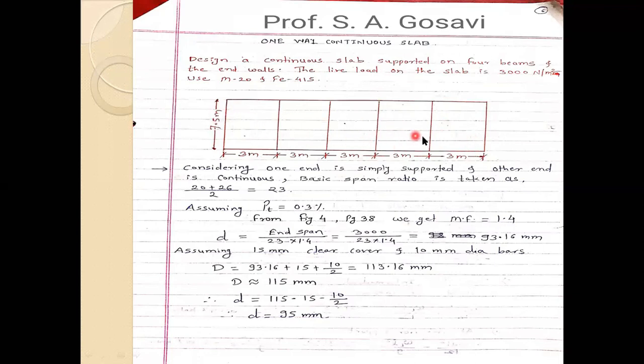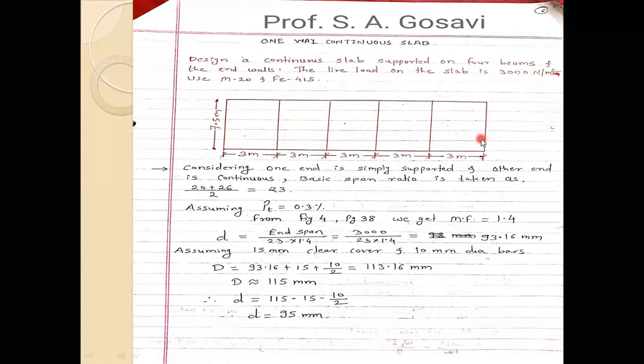But what will happen in such a type of design, your design will become uneconomical. Theoretically, if you design each and every panel separately and provide the steel to each panel, it is right. Each square or rectangle is called a panel. But practically, if you design each panel separately when it is a continuous panel, then it is uneconomical.